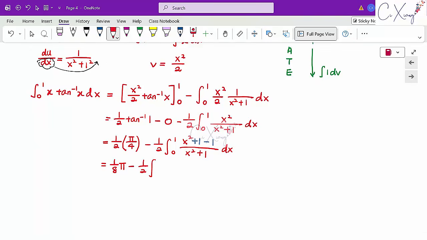Okay, so for the next step, I want to group all the x squared plus 1 together. Then this one will become 1 over x squared plus 1. Okay, so this number 1 here, I will separate it out, becoming another fraction. Then very obviously, this one becomes 1, right?